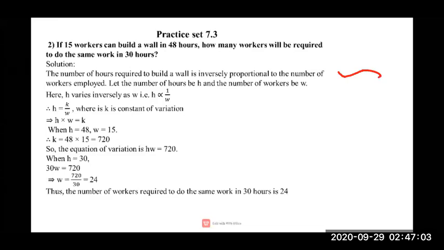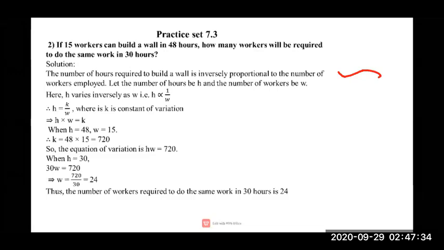So you will write this statement: the number of hours required to build a wall is inversely proportional to the number of workers employed. This must be your first statement. Next, let the number of hours be h and the number of workers be w.